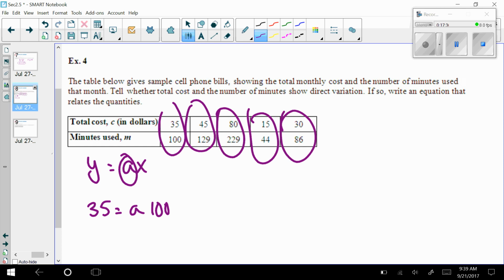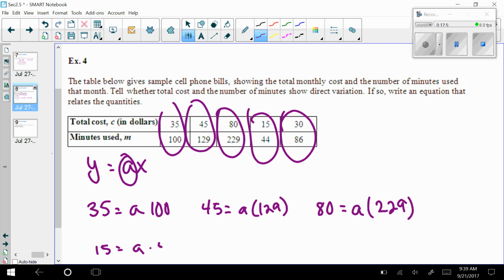And I'll solve for A. And I'll do the same thing for the second one. 45 equals A times 129. And I'll do it again for the third one. 80 equals A times 229. And then I'll do it again for 15. And for $30, A times 86.